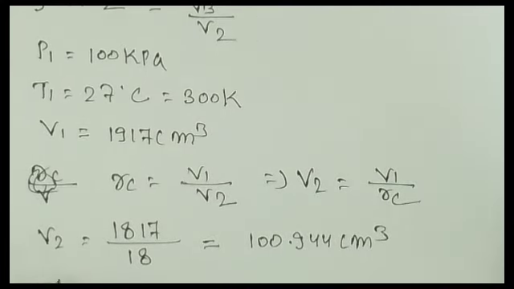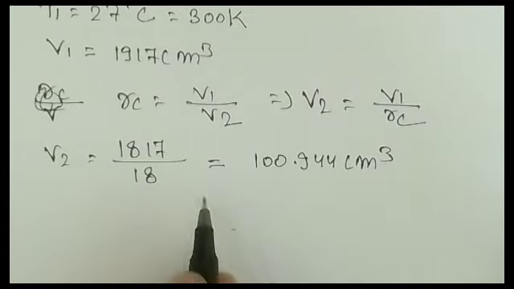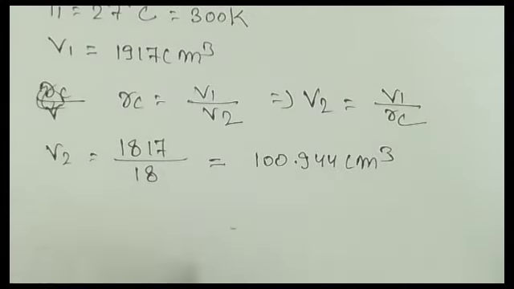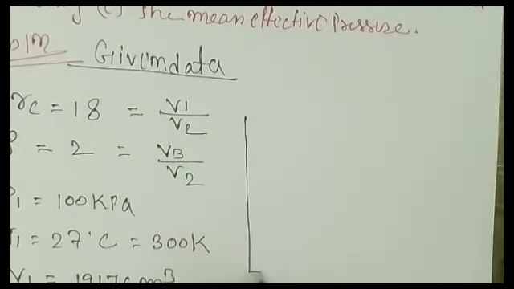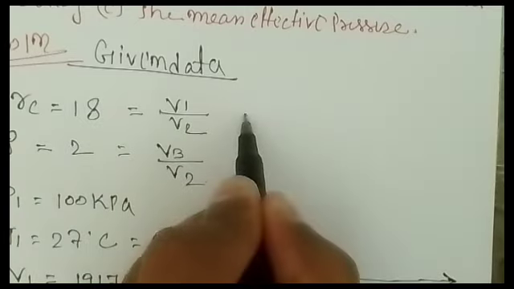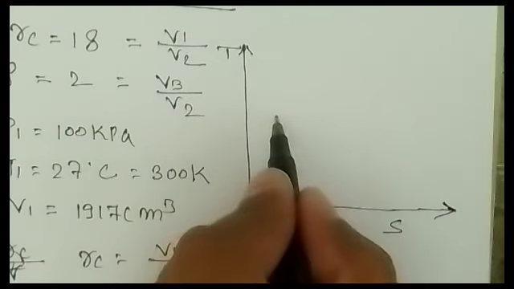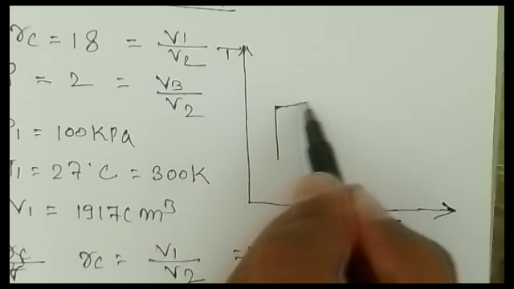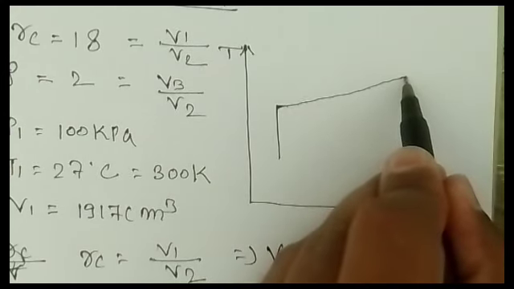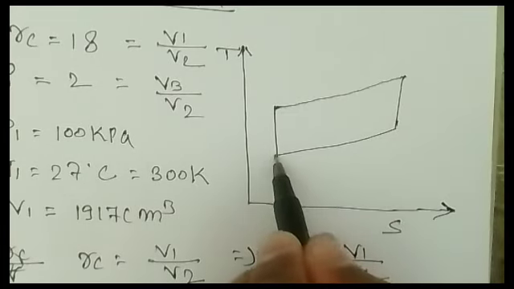V1 is already given. First of all, I forgot to draw the TS diagram, so let's draw it so you can understand the diesel cycle. The temperature versus entropy diagram is: first adiabatic compression, then constant pressure heat supply, adiabatic expansion, and then constant volume heat rejection.